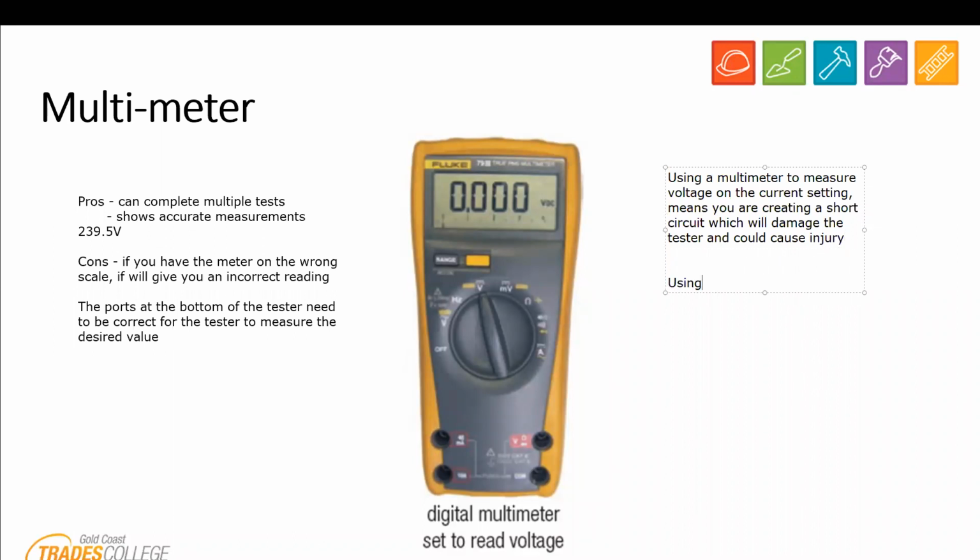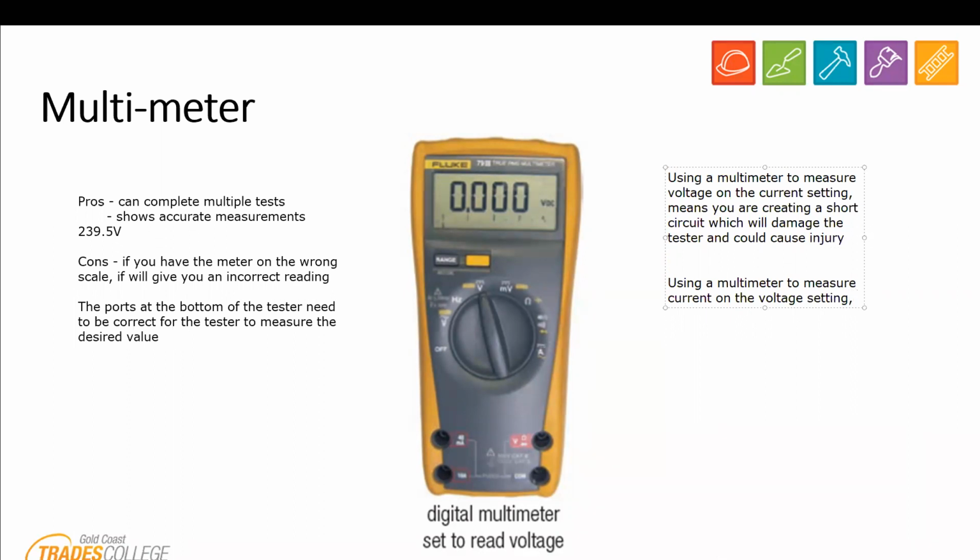Again, using the opposite now, using a multimeter to measure current on the voltage setting. Remember that the current has to try and flow through the tester.